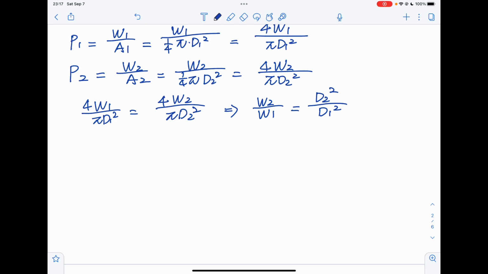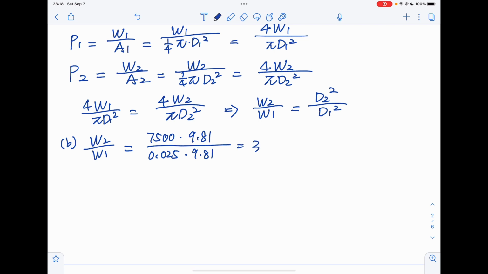So we'll use the equation from part A: W2 over W1 equals 7,500 kilograms times 9.81 over 0.025 kilogram times 9.81, which equals 300,000, which is your D2 squared over D1 squared ratio.